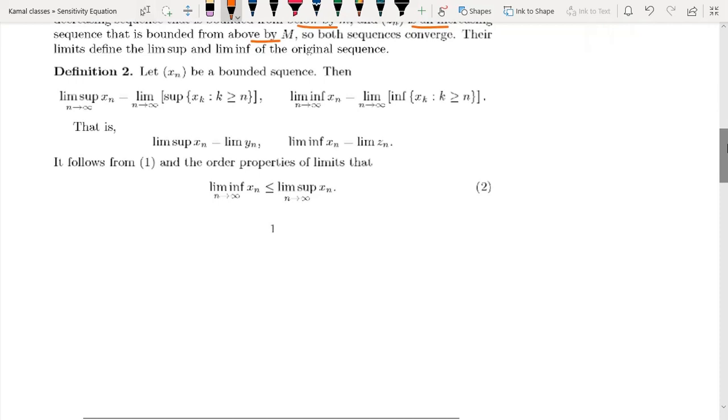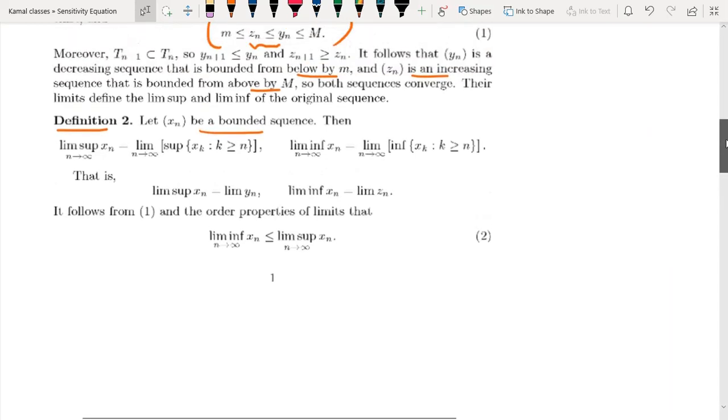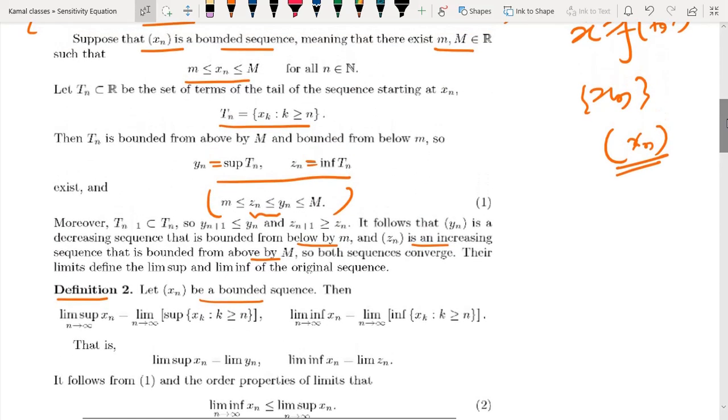Okay, now try to see the second definition. Let x_n be a bounded sequence. We have already seen that whenever we have a bounded sequence, we are able to see that if the supremum or infimum exists, then this kind of relation is satisfied.